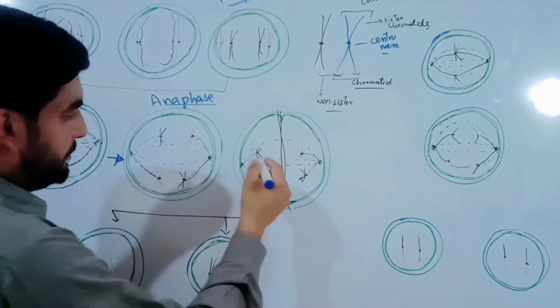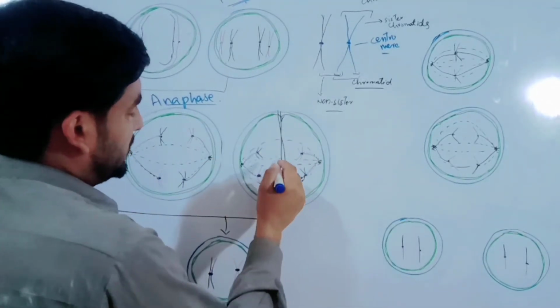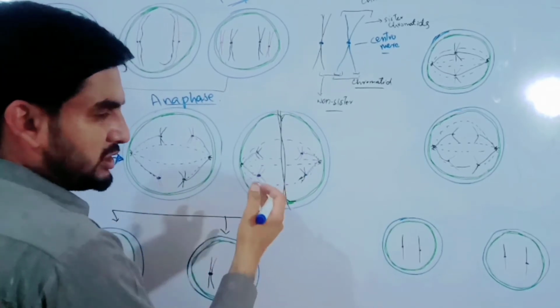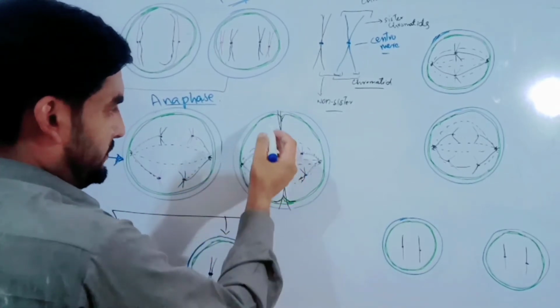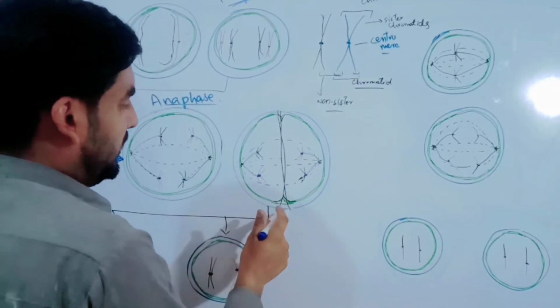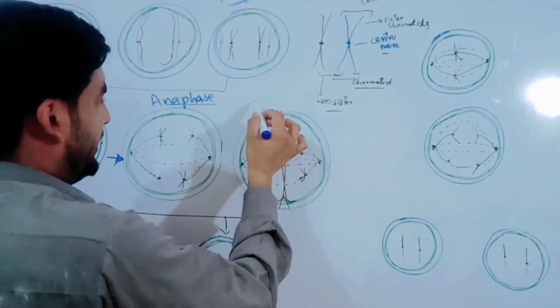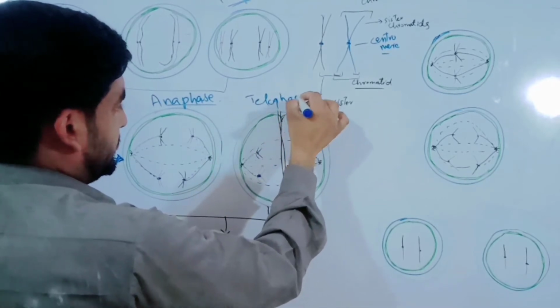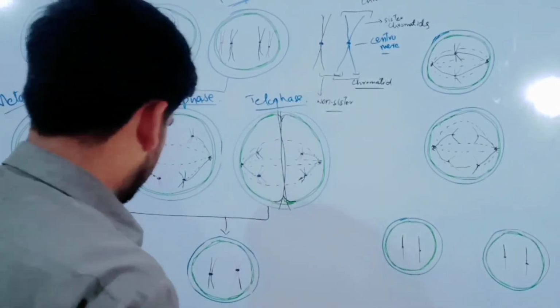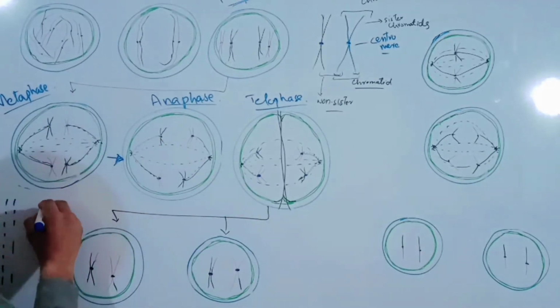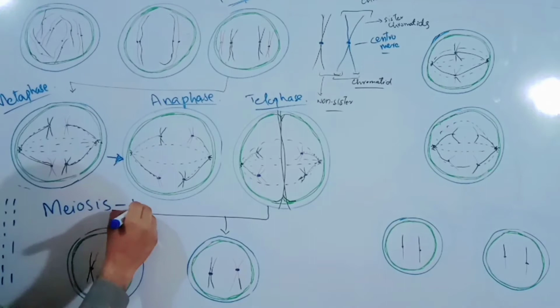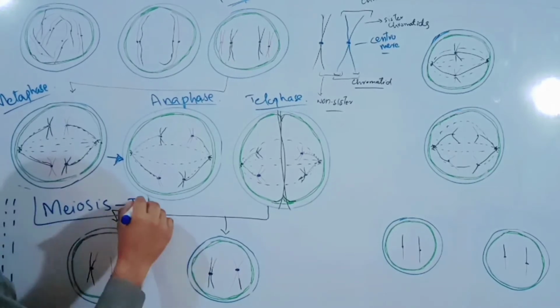This phase in which the cytoplasm and also the nucleoplasm constrict and the cell divides into two individuals is called telophase. Two individual cells. This was meiosis 1. Meiosis 1 is completing here.